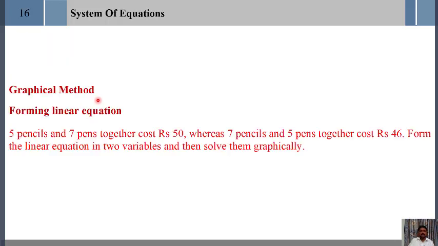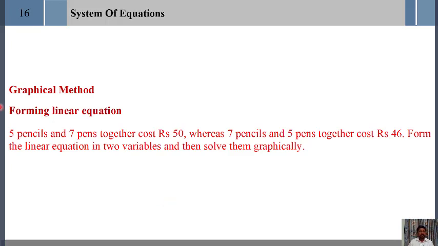Next, graphical method. How to solve a given system of equations using the graphical method. First of all, we have to form linear equations when we are given values in terms of data.